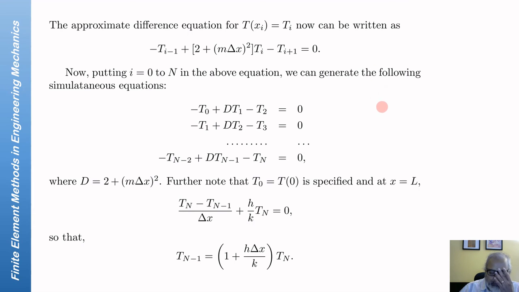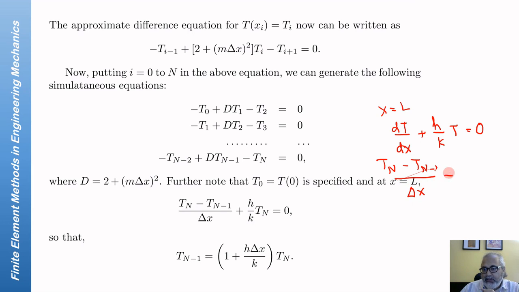Further, we have at x equal to L, dt dx plus h by k t equal to 0, and dt dx at the last point we can write in discrete form as tn minus tn minus 1 by delta x, and then this plus h by k tn is equal to 0 is my discrete equation, the difference equation for the boundary condition at x equal to L. This equation allows me to express tn minus 1 in terms of tn, which means from this last equation, I can eliminate tn minus 1 and write it in terms of tn.